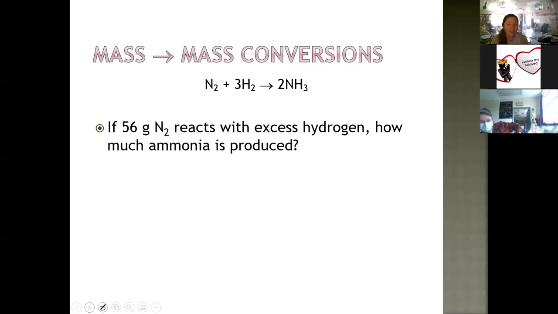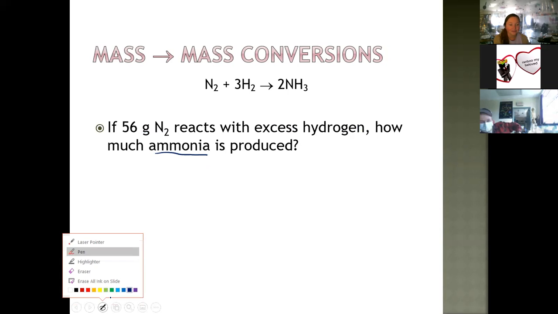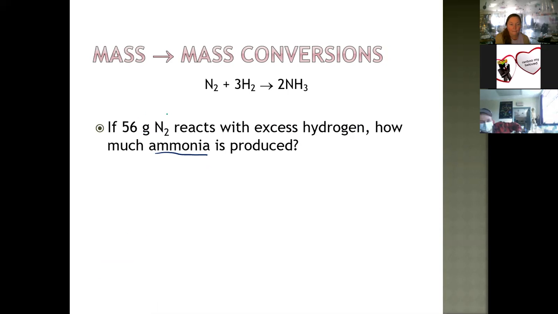So let's go ahead and do this problem now that we know we don't have to really worry about excess hydrogen. I have 56 grams of nitrogen gas, and I want to make some ammonia. What's our given? Perfect. 56 grams of nitrogen.